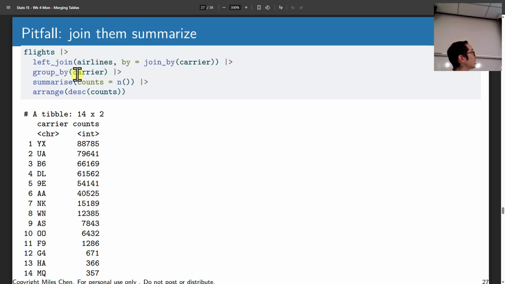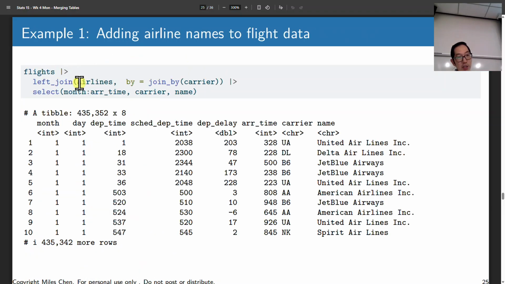So when you do a group by carrier and then summarize, that operation is only going to keep the carrier column and then the resulting summary columns, which is just going to be YX and the counts. And so even though the table coming in before this summarize operation had all of these columns, it looks something like this.